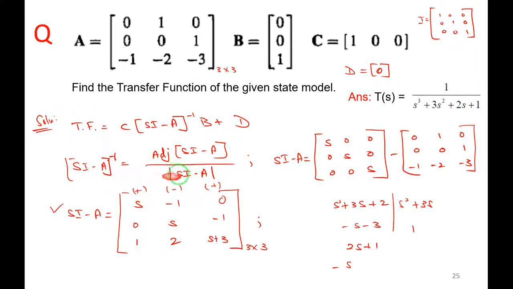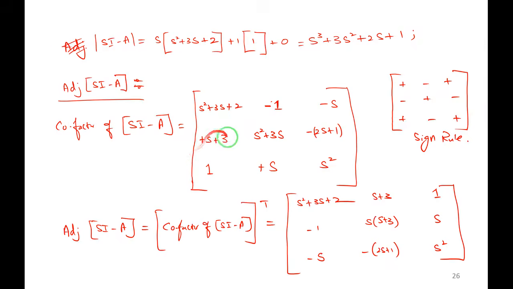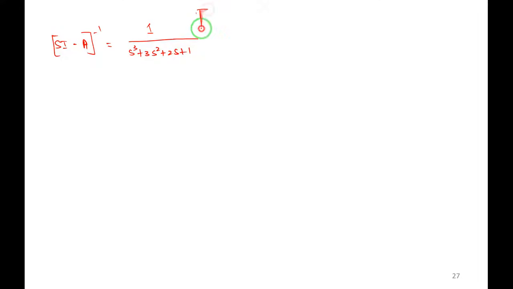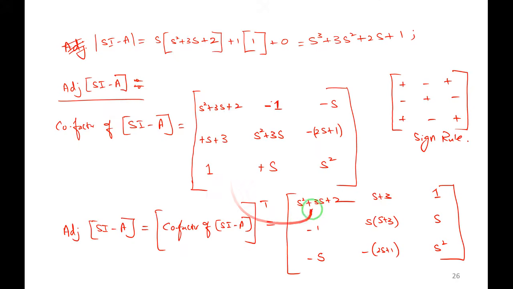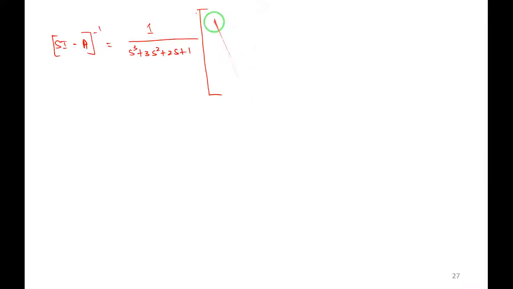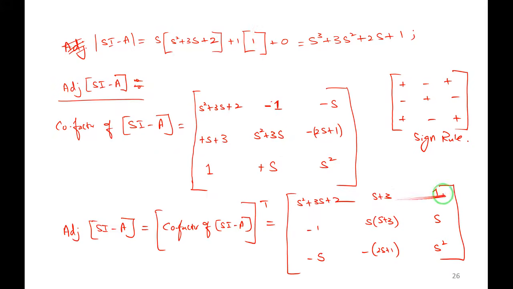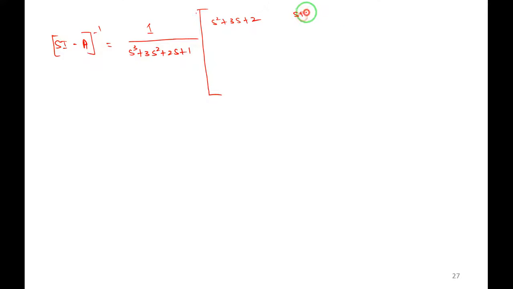So 1 by determinant we have taken. Then the adjoint of this matrix. Let me write the adjoint of the matrix here. s square plus 3s plus 2, then s plus 3, 1.